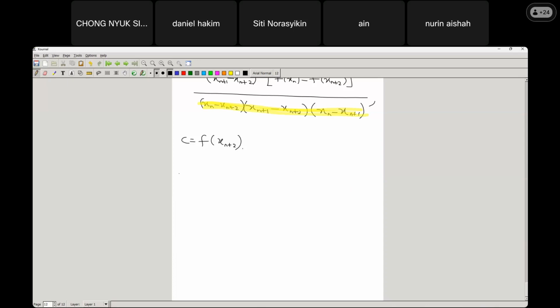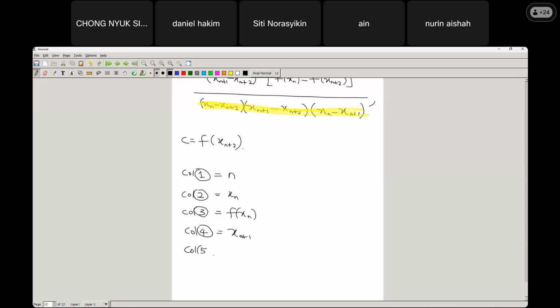So first column, column 1, this is n. Column 2, we have xn. Column 3, we have f(xn). And column 4, we have xn plus 1.